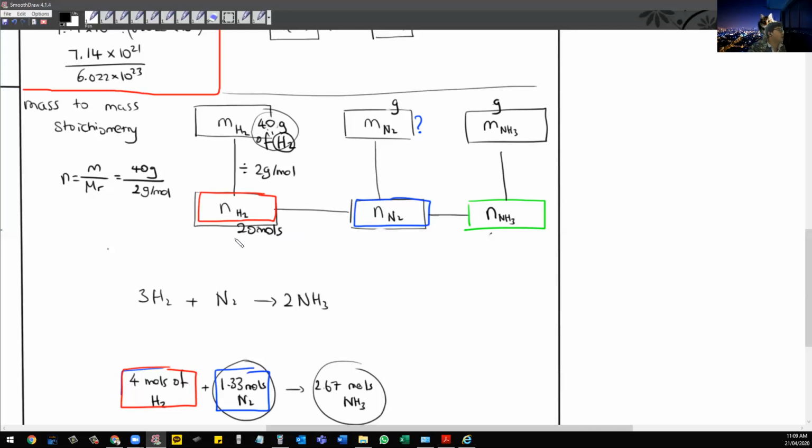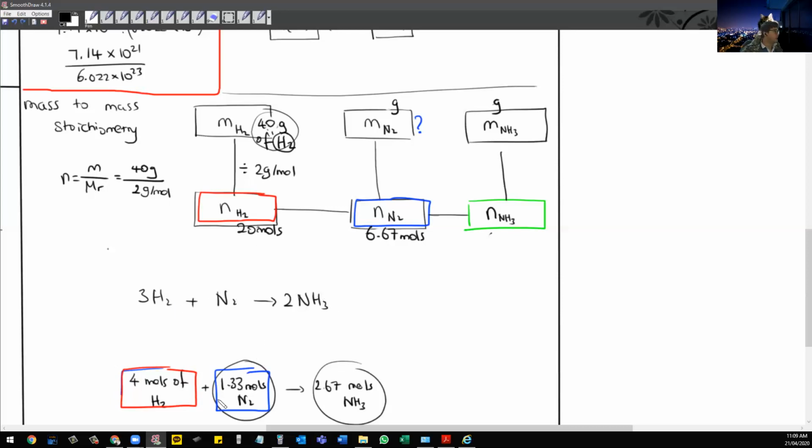And then by the ratio, that's 3, 1, 2. So divide that by 3, then you get 6.67 moles, right? And then divide that by 3 and then times by 2.